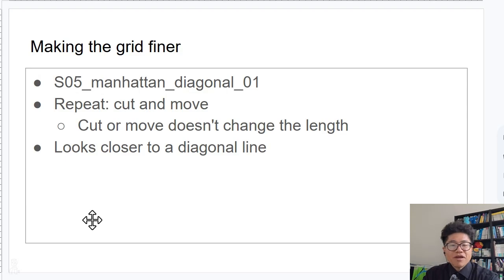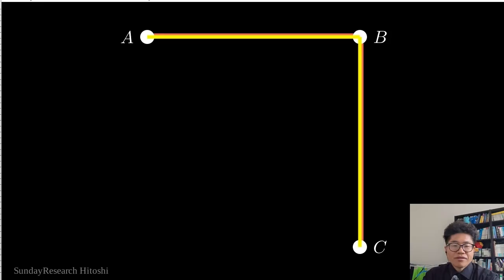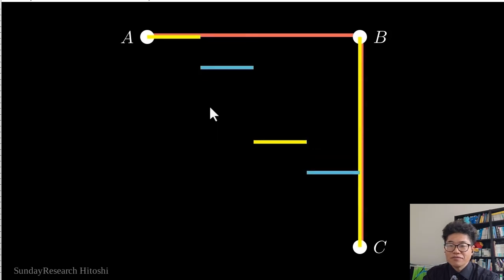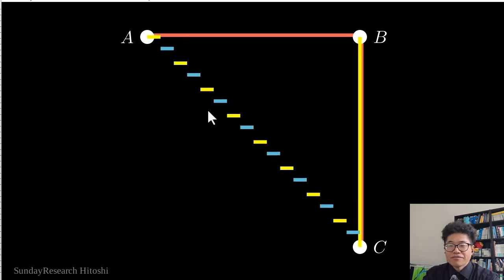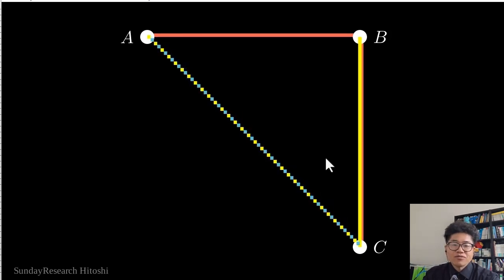Next, let's make the grid finer. First, let's look only at the horizontal segments. I cut the horizontal segment in half and move it, and each half again, and move again and again. Then I do the same to the vertical lines.